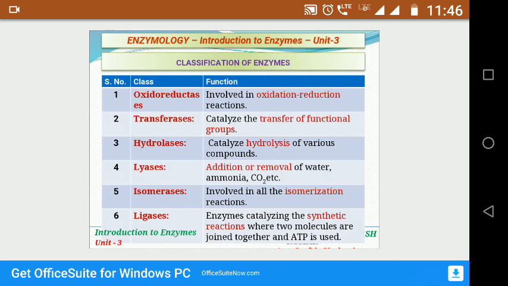These enzymes ligate, that means join two different subunits or two different substrates to form a single large product. They are involved in synthetic reactions. So we have all these six different classes of enzymes, and each and every class has some number of subclasses also.